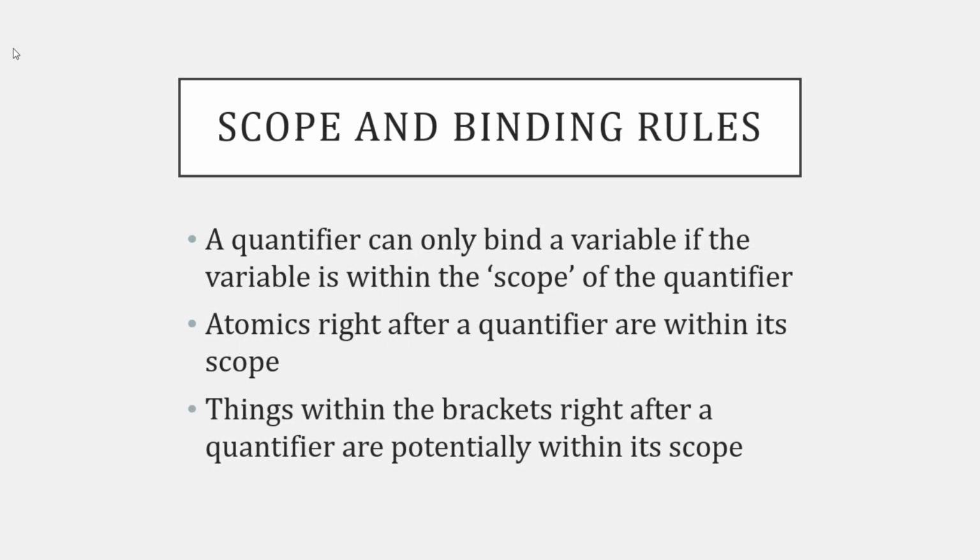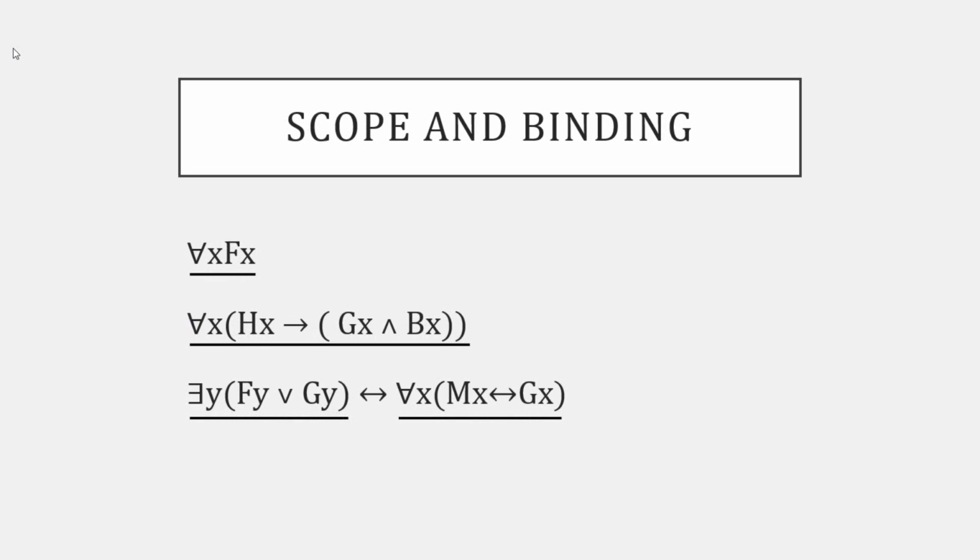Let's get to some examples. The simplest example, of course, is one quantifier and one atomic: for all x, fx. Recall how improbable a sentence this is. You're probably not going to make many sentences of this form, because what it says is that everything in the universe, everything you could name, has the property f.